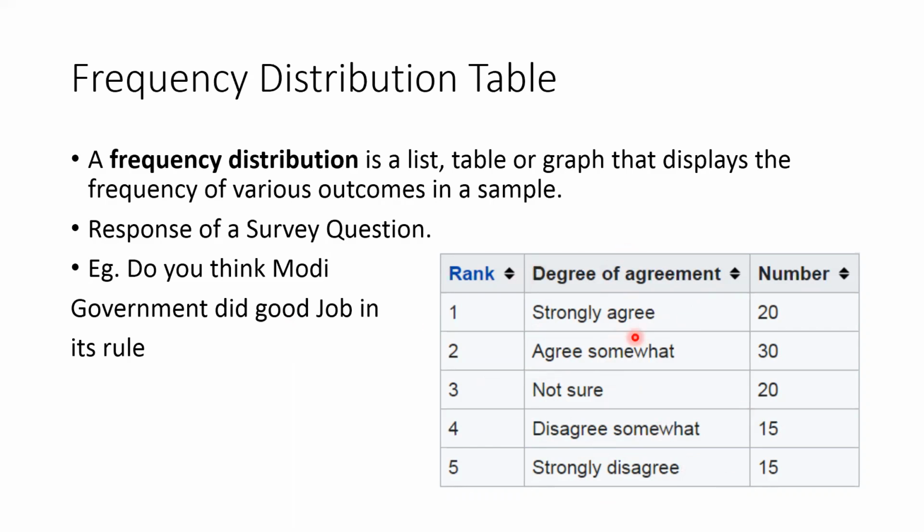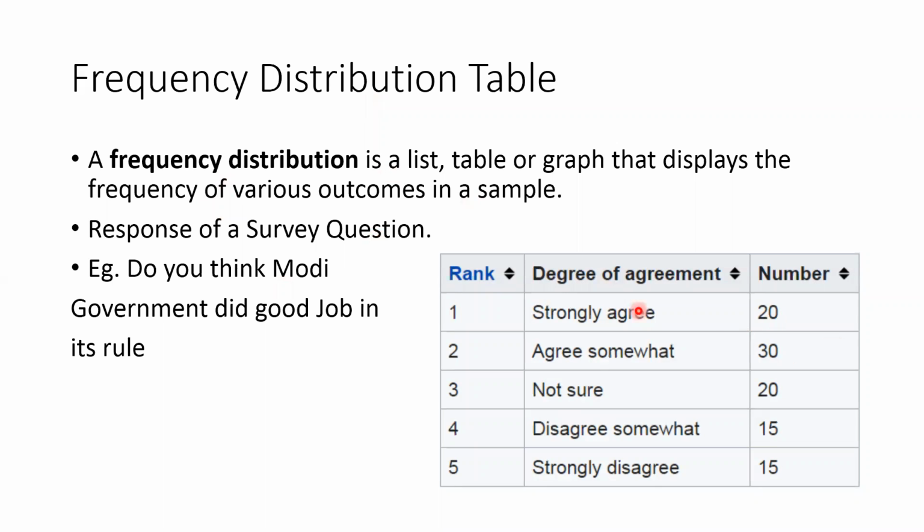So what I will do is store the count of every response that I have got. 20 people strongly agree, 30 people agree somewhat, 20 people are not sure, 15 people disagree, and 15 people strongly disagree.